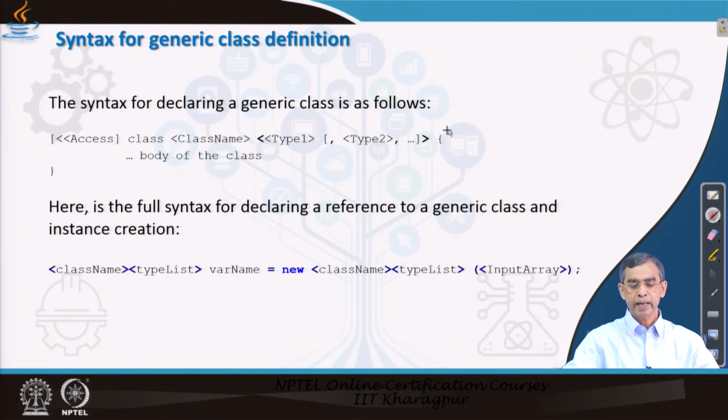In order to declare a template, it is to be enclosed, as we have done for the method, but in this case after the name of the class, within angular brackets, starting and closing, and whatever different types you want to handle in this program, you can mention as a template.